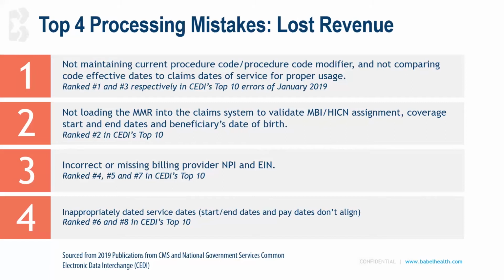So that, again, this is not something that we should see, and yet it's number 2 in the overall errors that we're seeing come back from the Common Electronic Data Interchange Group.